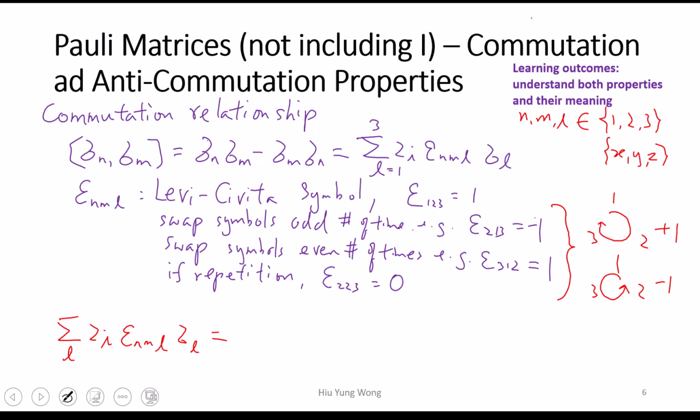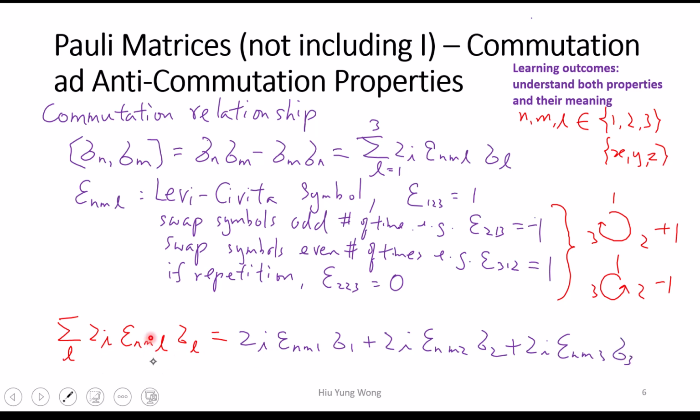So first, l equal to 1, I have 2i epsilon nm1 sigma 1 plus 2i epsilon nm2 sigma 2 plus 2i epsilon nm3 sigma 3.